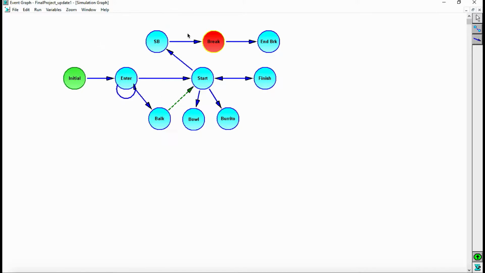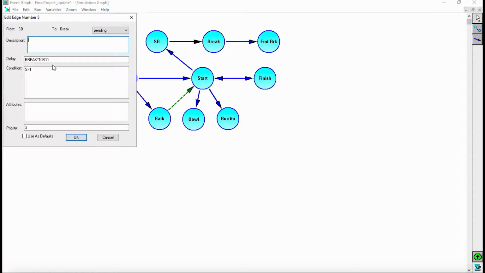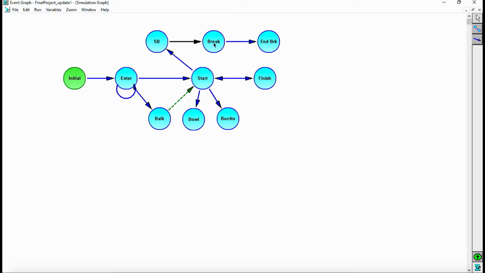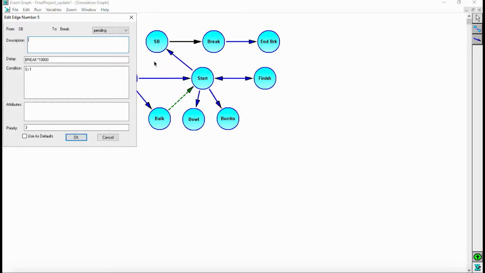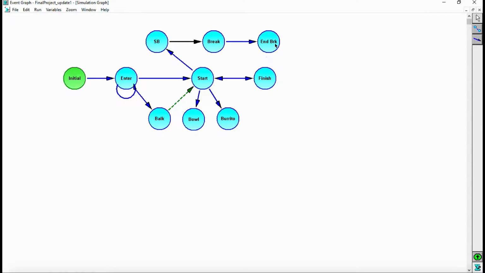The time delay for the breaks was either 0, 1, or 2 times 10,800, to see how long it takes for a break to happen. And then there is S greater than 1, which means there has to be more than one server. And breaks end within 10 minutes.